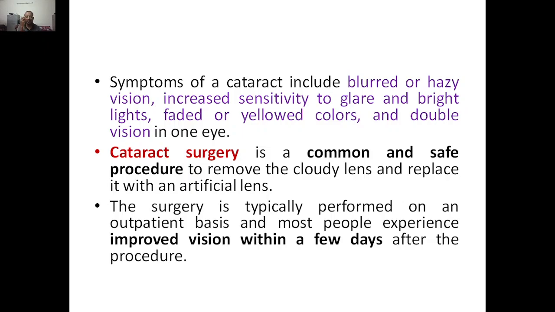This surgery is typically performed on an outpatient basis. Most people experience improved vision within a few days after the procedure.